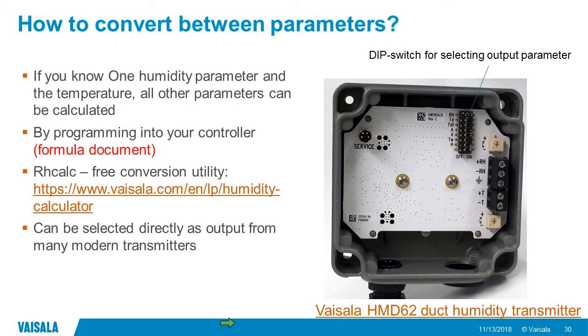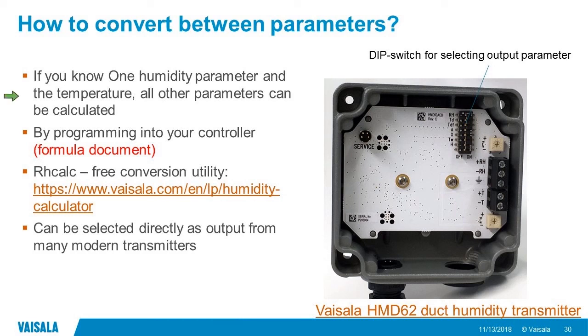Okay, we've seen several different parameters here: relative humidity, dew point, wet bulb, enthalpy. All of these can find their different uses in an HVAC system. So how do you actually get these different parameters?